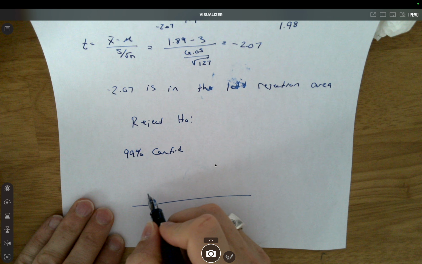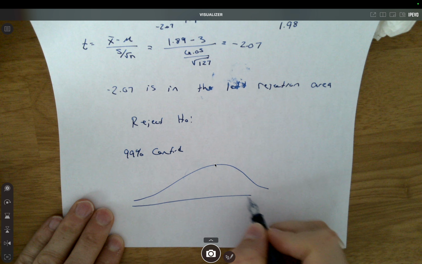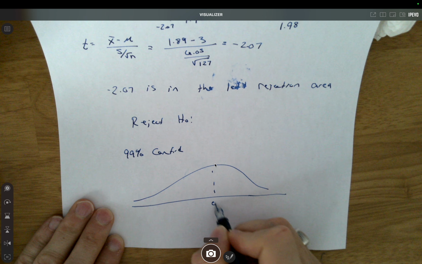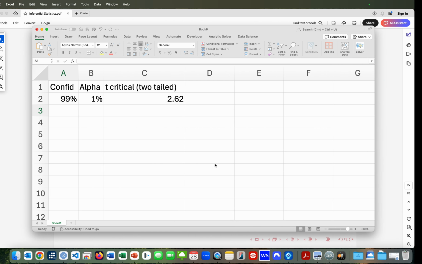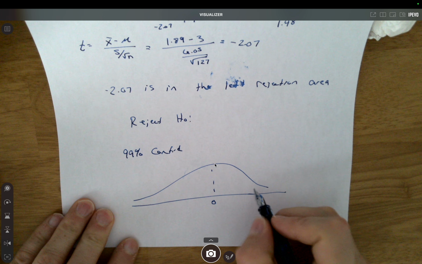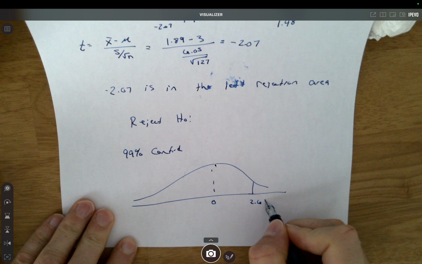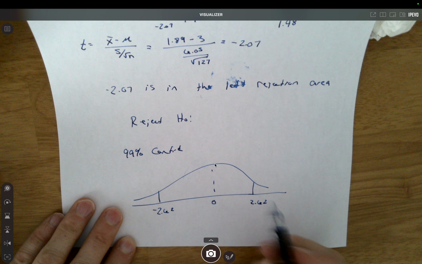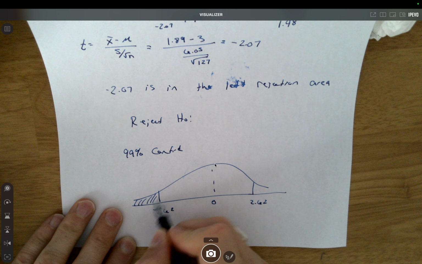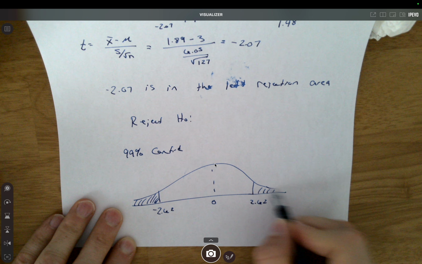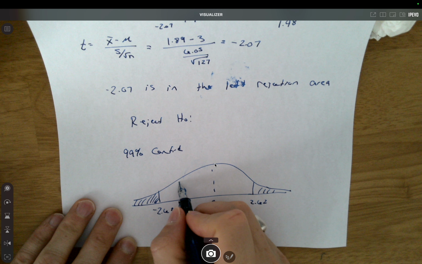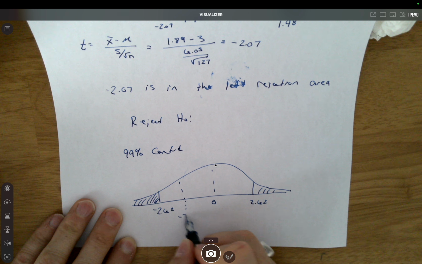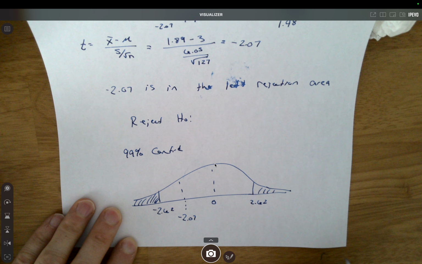our rejection region is now 2.62 and negative 2.62. So these are the rejection regions. Our test statistic doesn't change. It's negative 2.07.